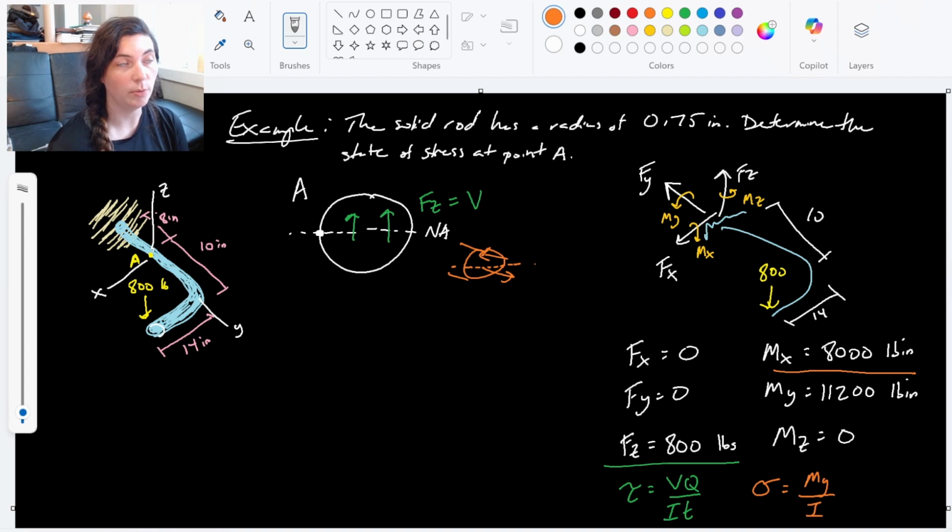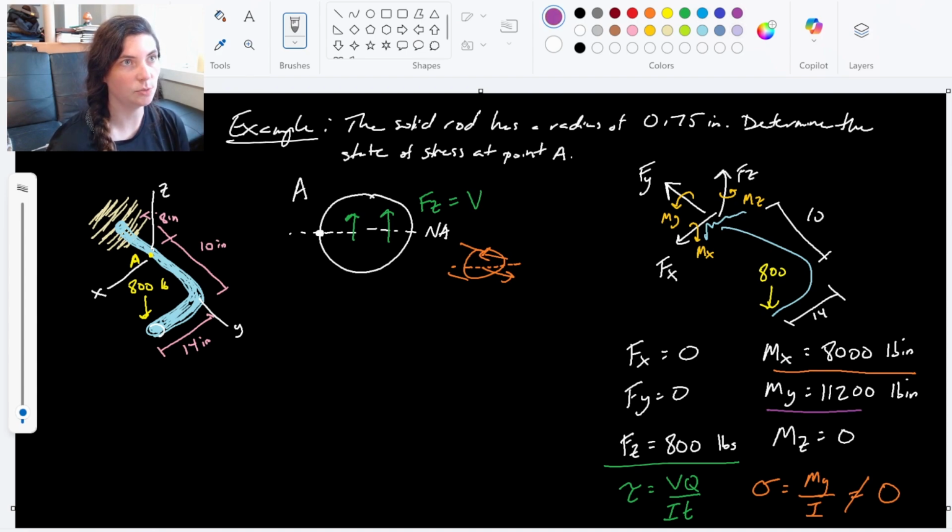So for a bending moment, we know that if it's on the neutral axis, the bending moment is actually 0. So it turns out there is no bending moment here. We don't actually need to use this MX's 8,000 value. So even though it's there, it's not doing anything at point A. If point A were somewhere else, say at the top of the circle instead, it'd be a different story. But since it is on the neutral axis, Y is 0, which means the stress is 0. There is no bending stress there.